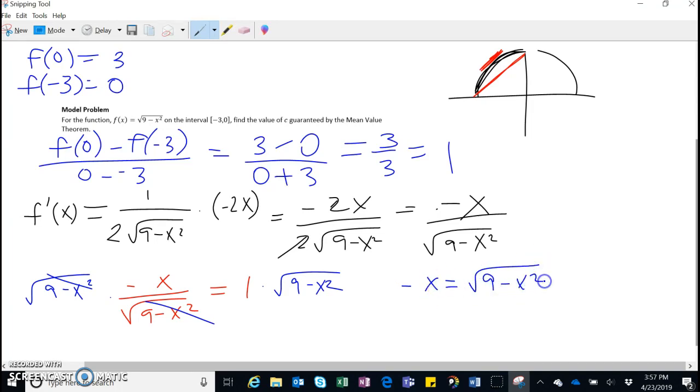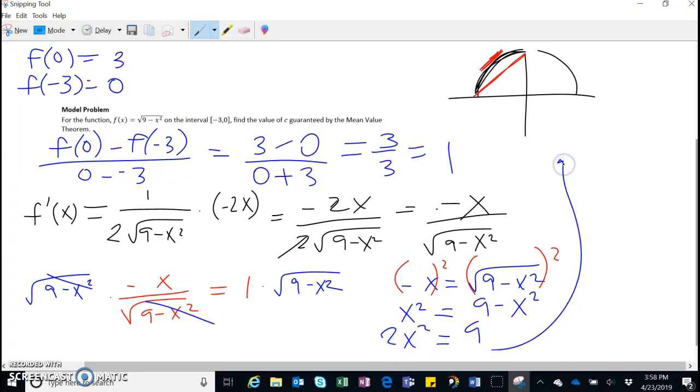I'm just going to keep doing math now until I can get to my answer. So I'll square both sides to get rid of that radical. That leaves me with x squared, negative goes away when I square, equal to 9 minus x squared. I'll combine like terms, 2x squared equals 9.